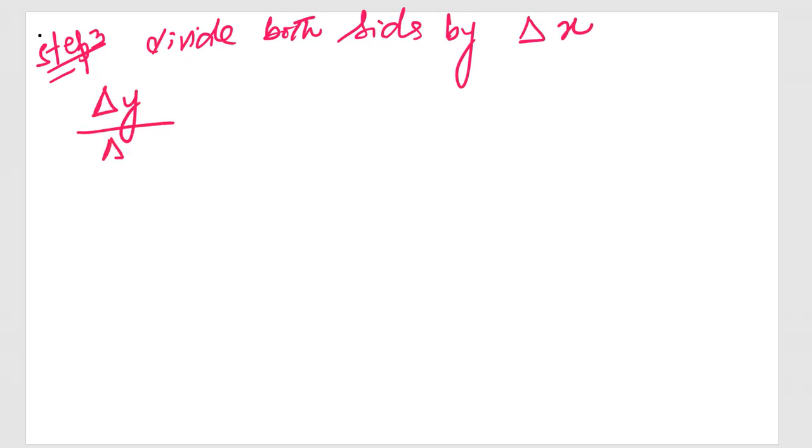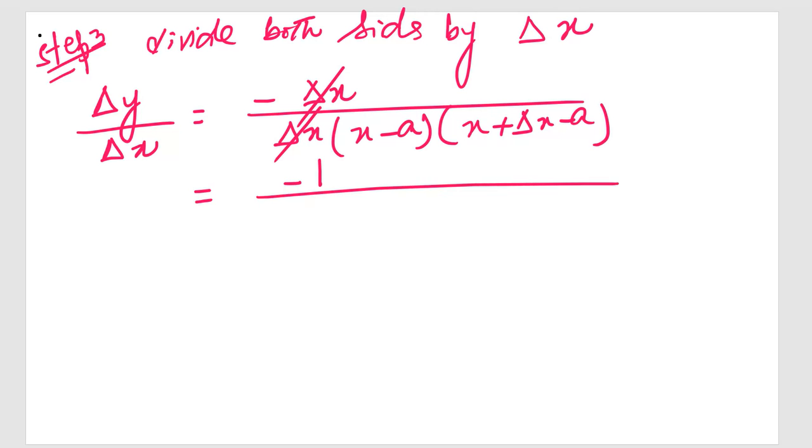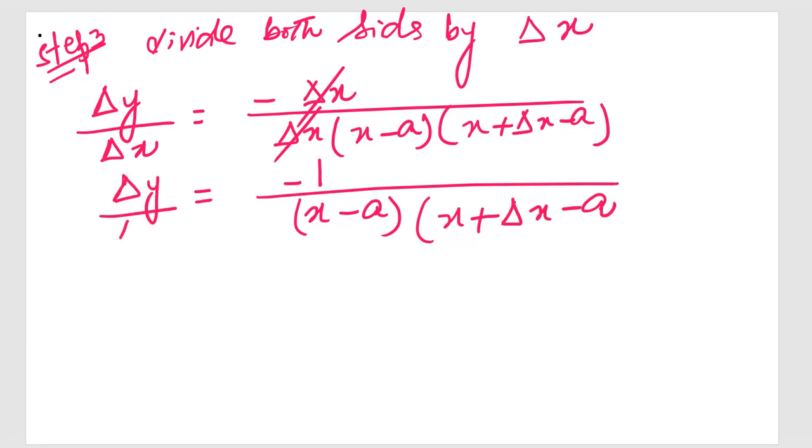So delta y over delta x is equal to negative delta x divided by delta x into x minus a, x plus delta x minus a. So this delta x will cancel. We only have minus 1 here, and it is x minus a into x plus delta x minus a.